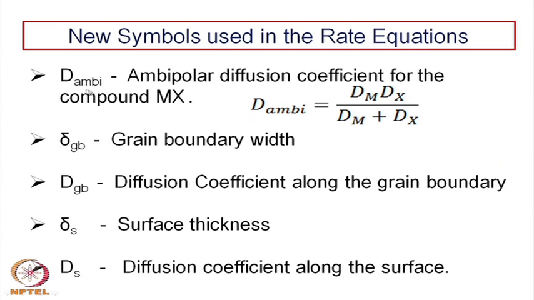This we have already discussed. D subscript mb means the ambipolar diffusion coefficient for the compound MX, and that is defined because it involves both the cations and the anions, and therefore, the average diffusion coefficient is like this. Then grain boundary width, diffusion coefficient of the grain boundary, surface thickness, that we have already mentioned.